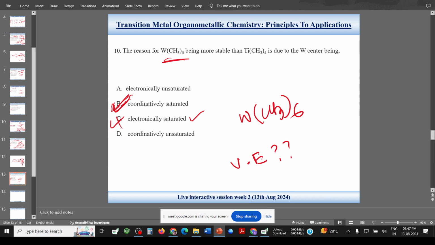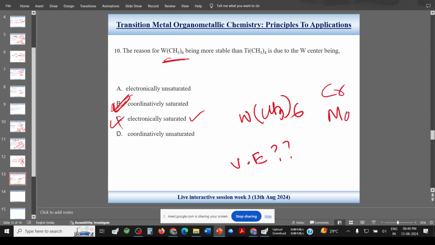We have said that it is electronically saturated. Electronically saturated means it should have 18 valence electrons. So what will be the total valence electron count? Tungsten is in which group? This is in the chromium group.